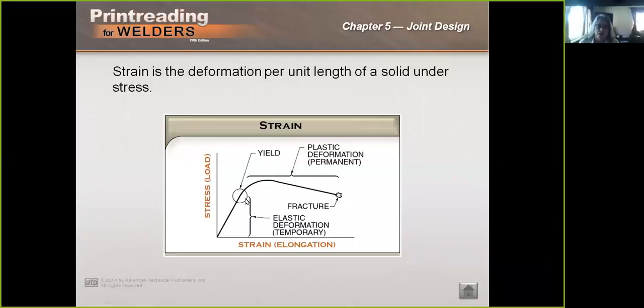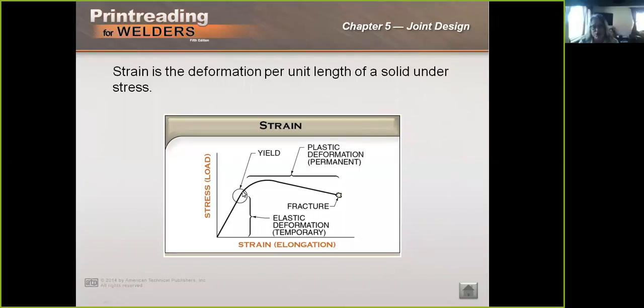In this early region where this line is straight and those two are proportional to one another, that deformation is elastic, meaning it goes away. If we unload the material, if we take the load off, the material will return to its original shape and length and size.